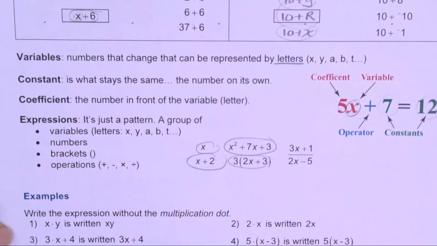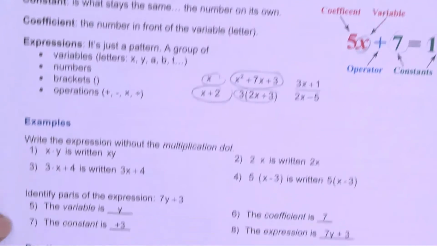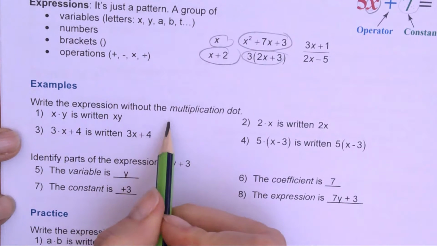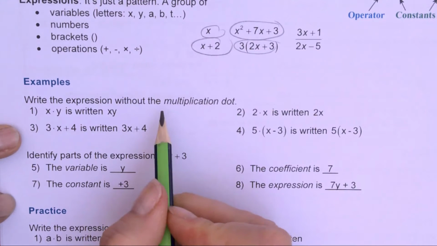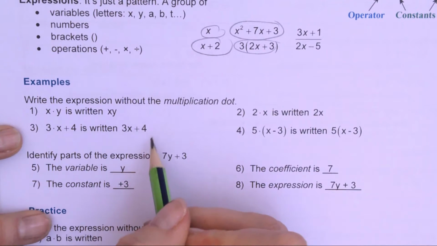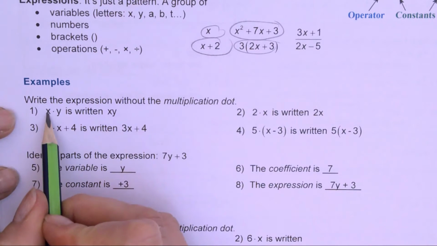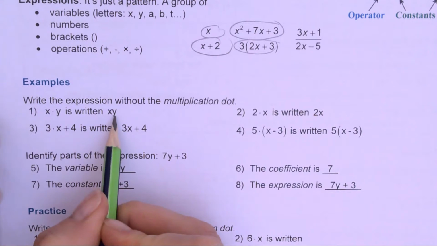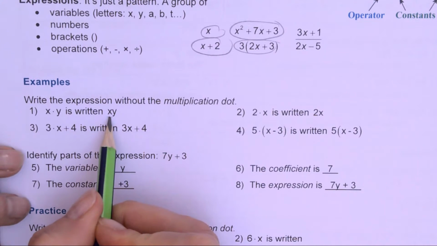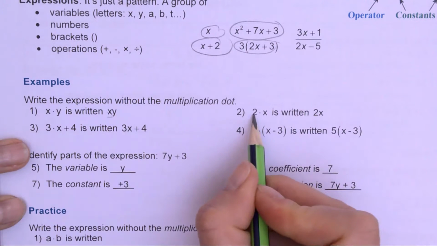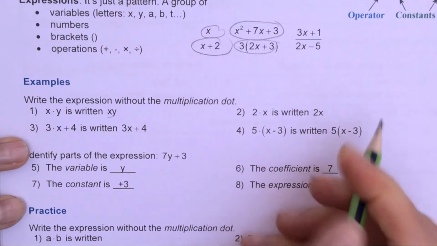So let's look at some examples. When we use algebra, we don't usually write the multiply. It sort of hides everywhere. So instead of going x multiply y, we just push it together and say xy. That really means x multiplied by y. We don't go 2 multiply x, we just squish it together and say 2x.